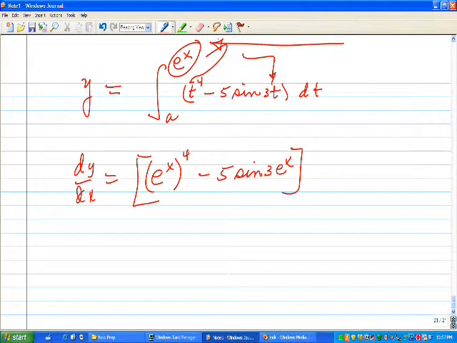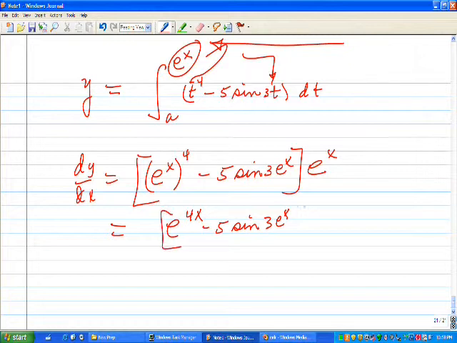You've got to multiply it by the derivative of the top limit, which is e to the x. And we can do a little simplification of this. This is e to the 4x minus 5 sine of 3 e to the x, all multiplied by e to the x.